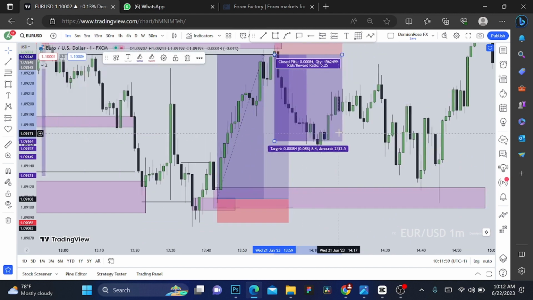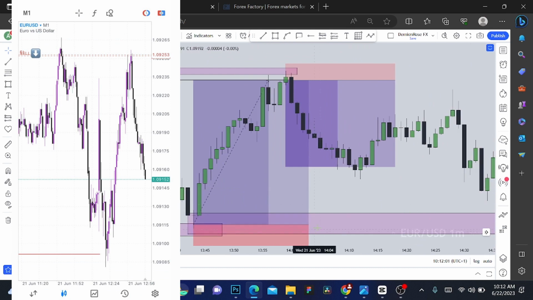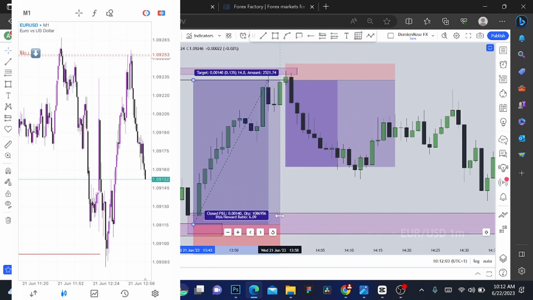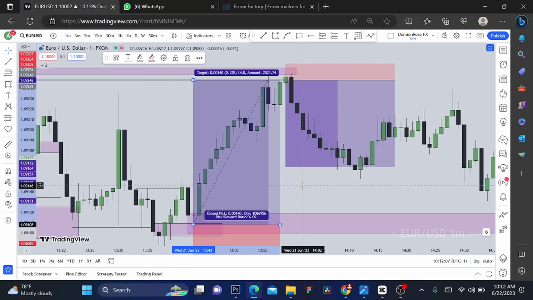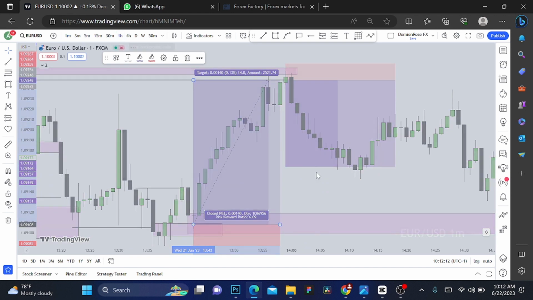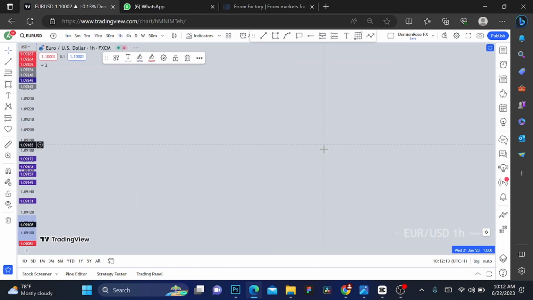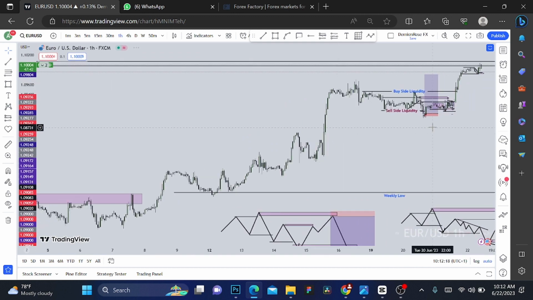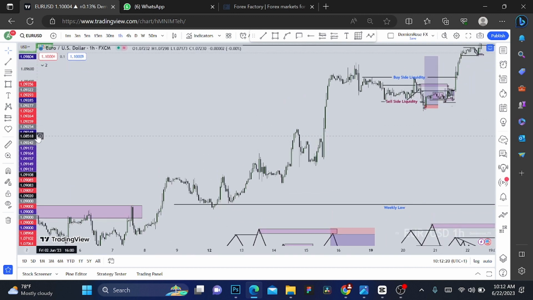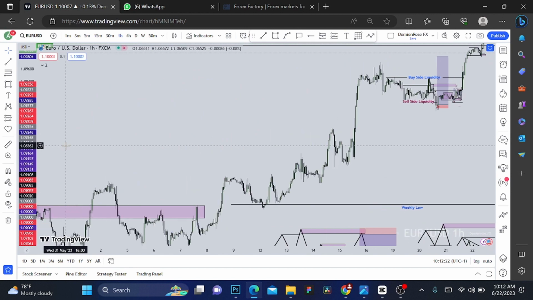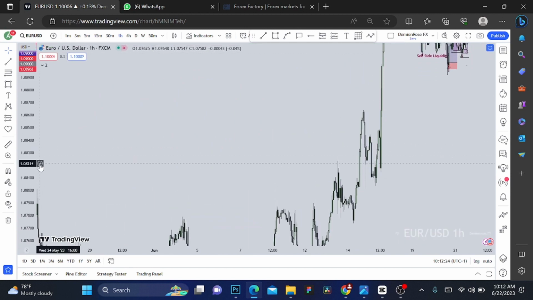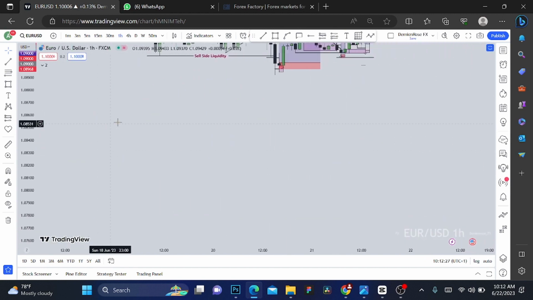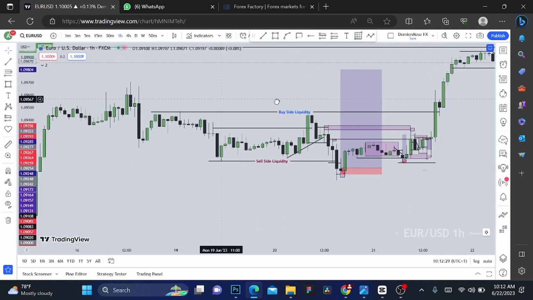But mind you, you need to be careful, because on the higher time frame, the analysis that we projected was to take out buy side liquidity, like this buy side liquidity. This was it on the higher time frame.